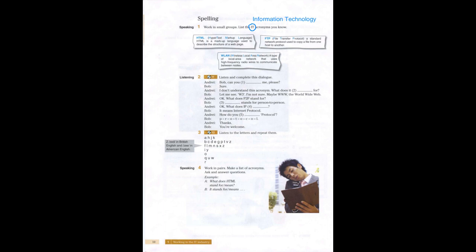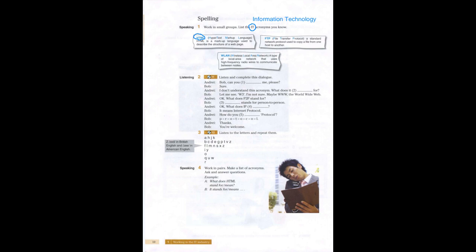For example, we have this HTML. HTML, this is an acronym. If your specialization is related to computer, you should be quite familiar with this term. It is hypertext. So this H is hyper.